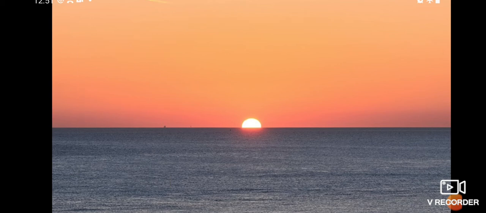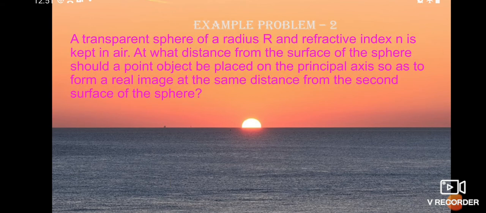Okay, so next problem: a transparent sphere of radius r and refractive index n is kept in air. At what distance from the surface of the sphere should a point object be placed on the principal axis so as to form a real image at the same distance from the second surface of the sphere?